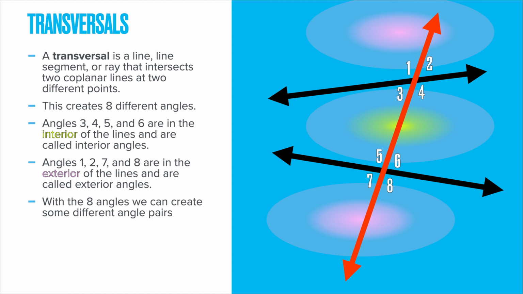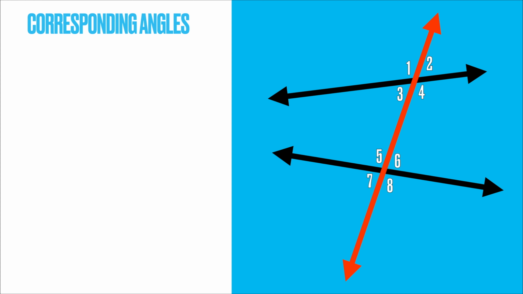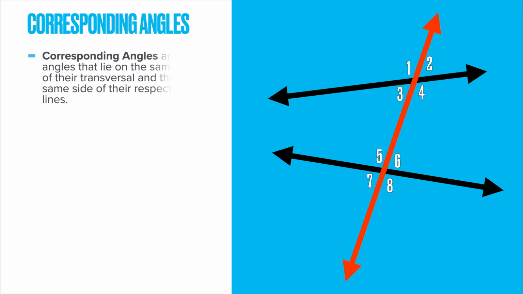With these 8 different angles, we can create some different angle pairs. For instance, we have corresponding angles. Corresponding angles are angles that lie on the same side of the transversal and the same side of their respective lines. An example of that would be angle 1 and angle 5.